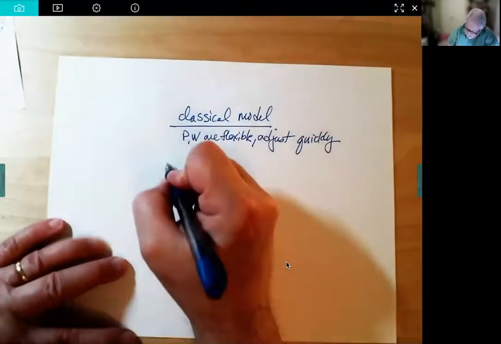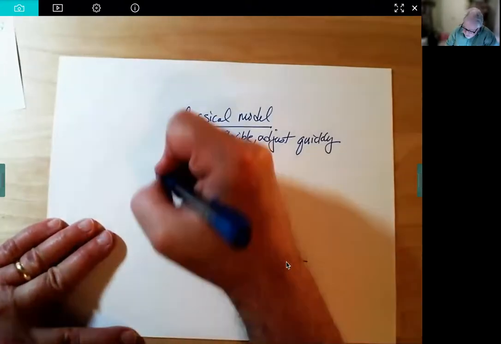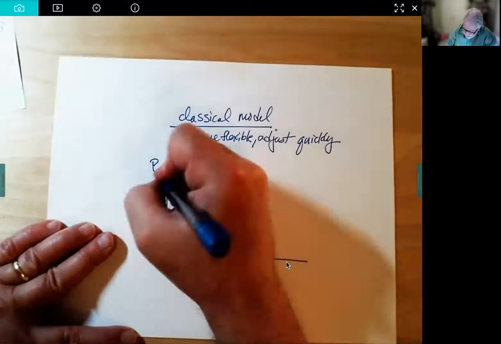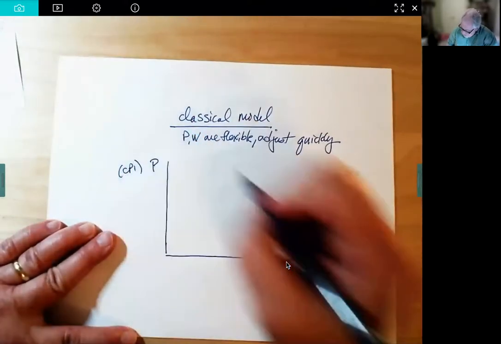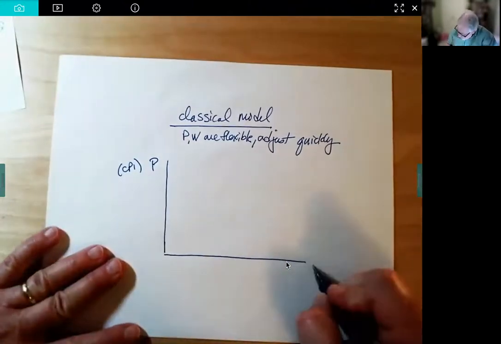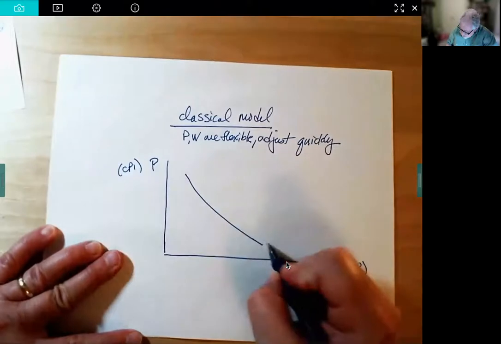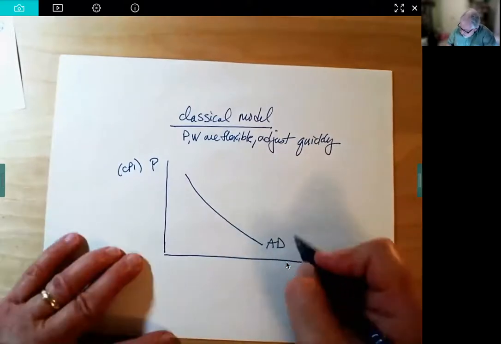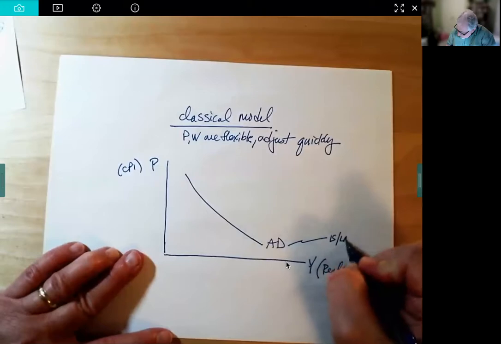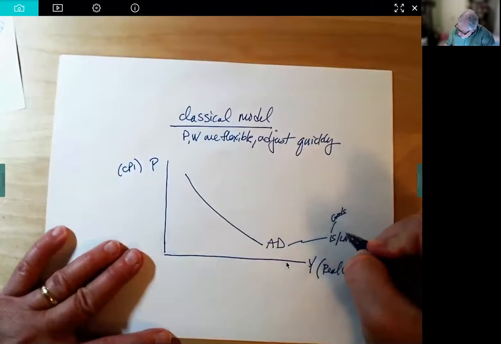In that kind of situation, if we use the aggregate demand, aggregate supply model, which has the price level, the CPI, consumer price index, let's say, or other things that measure the price level overall in the economy, on the vertical axis, and Y, real GDP, on the horizontal axis, we have aggregate demand, the downward sloping curve, that comes from the IS and LM curves. IS has to do with the goods market. LM has to do with the asset market.